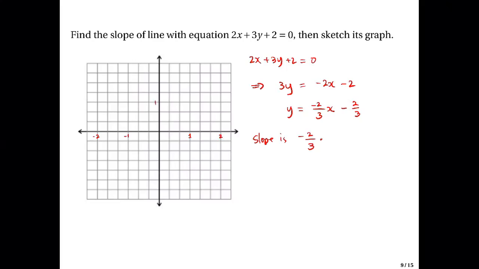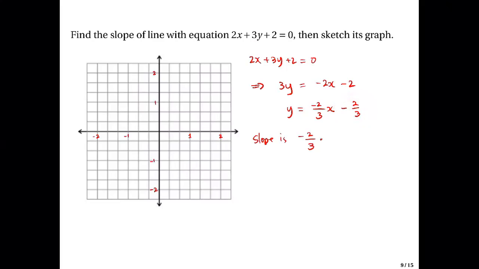This is +1 for y, +2 for y, etc. Let's add more here, -1 for y, -2 for y. So we can take the first point, when x equals 0.